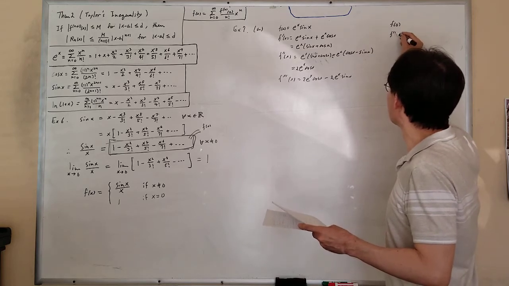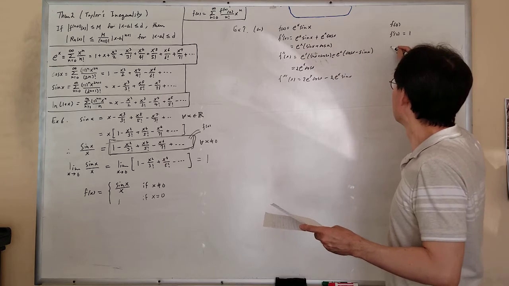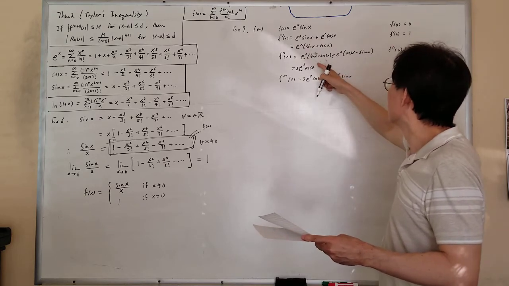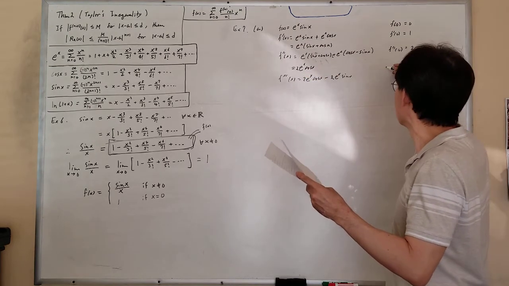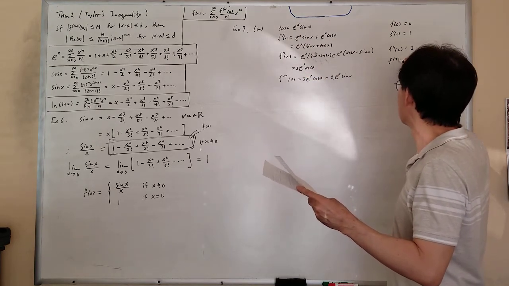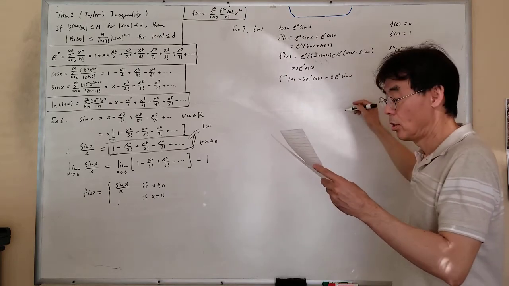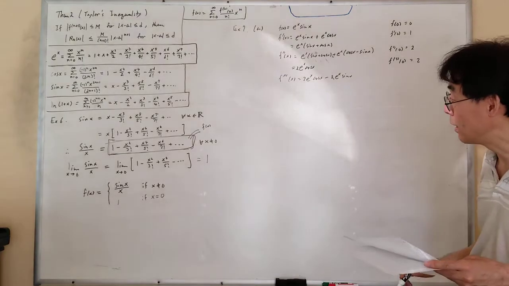So f of 0 equals 0, f prime of 0 is 1, f double prime of 0 is 2, right? F triple prime of 0 is also 2. See? It's hard to see the pattern.